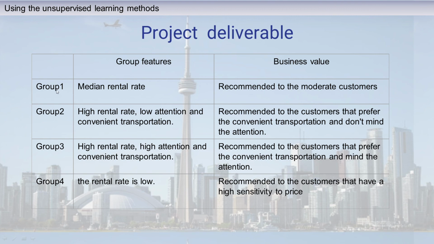For different groups, we can find their business value. For group 1, it can be recommended to the moderate customers. Group 2 can be recommended to the customers that prefer the convenient transportation and don't mind the attention.